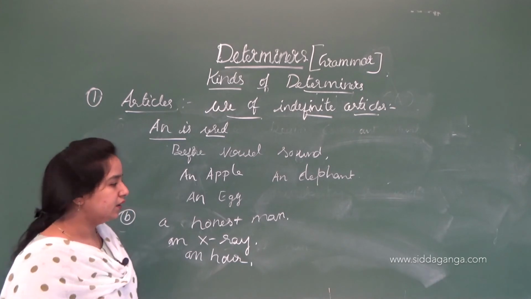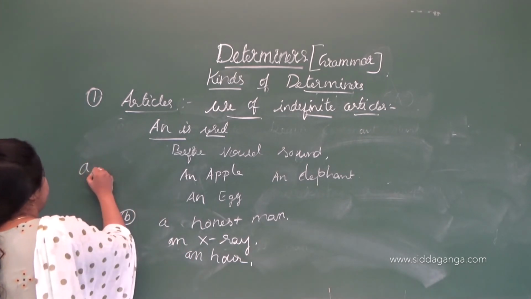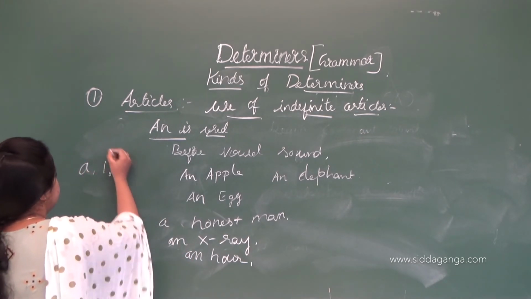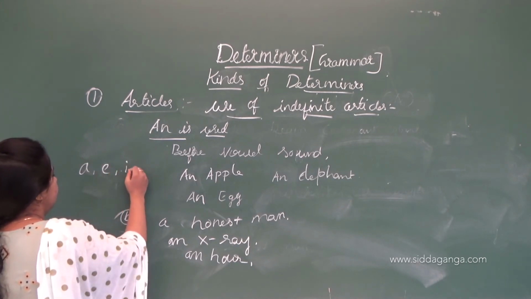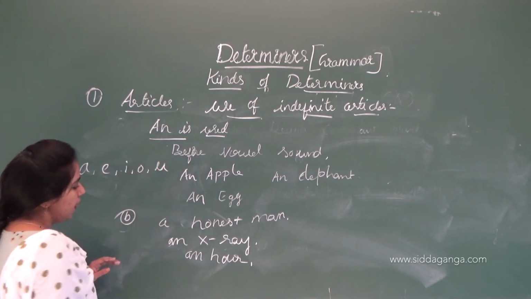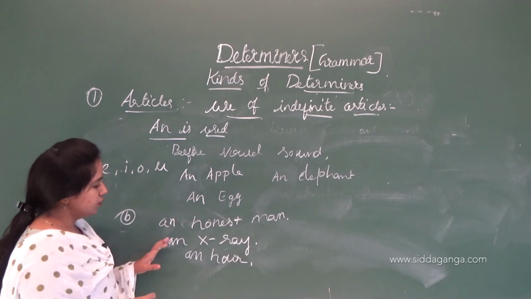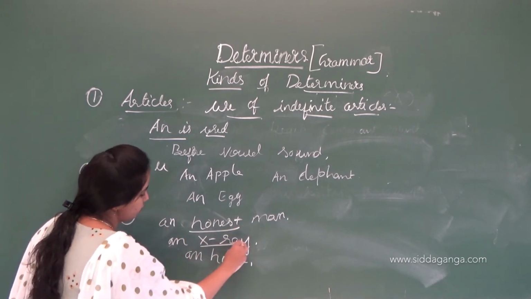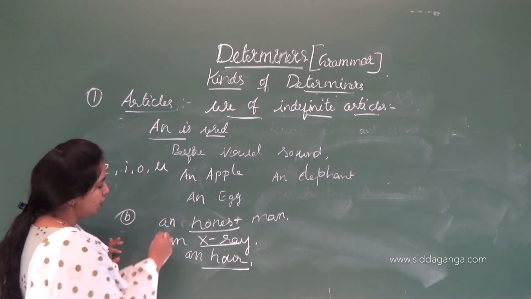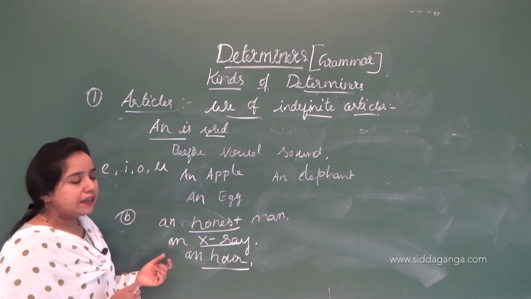So what is the vowel sound? Vowel letters are A, E, I, O, U. But when we use honest, X-ray, hour, we are not using "a" here.